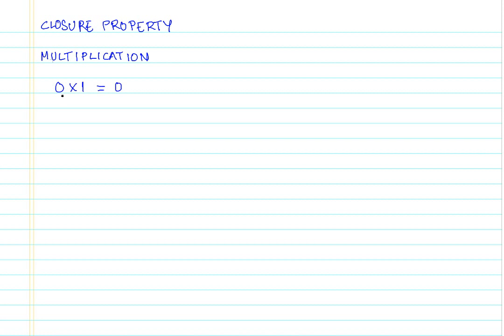This is always 0. 5 multiplied by 2 gives me 10. 7 multiplied by 3 gives me 21. Some other operations are 20 multiplied by 20 itself gives me 400, and we can try some more examples like 32 multiplied by 20 gives me 640, and so on.